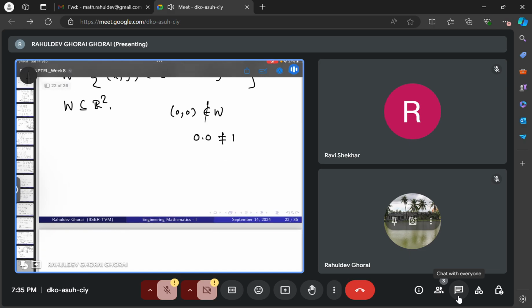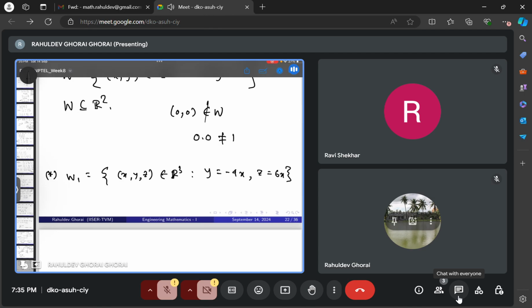Let W1 be the set of (x, y, z) in R3, because R3, and any Rn, is also a vector space over R, such that y is equal to minus 4x and z equal to 6x.